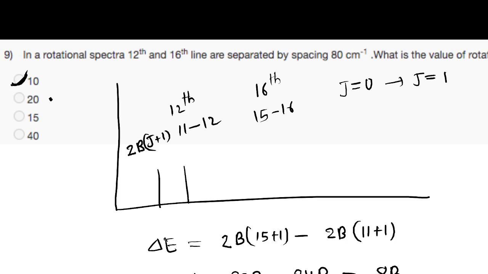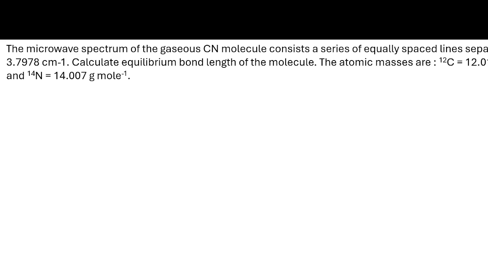Okay, now we'll go to the next question. This has a little bigger calculation. The microwave spectrum of gaseous CN molecule consists of a series of equally spaced lines separated by this. Let's say we have a spectrum with different spectral lines. This is intensity.